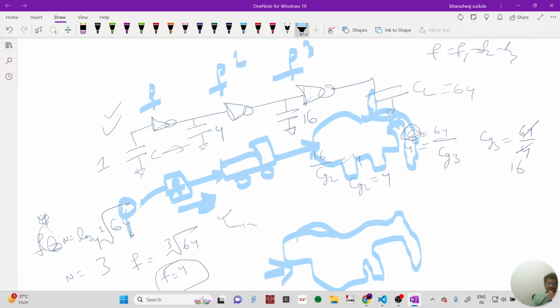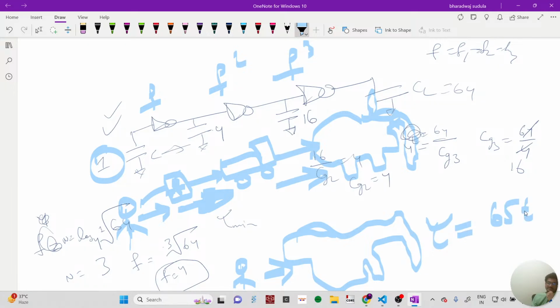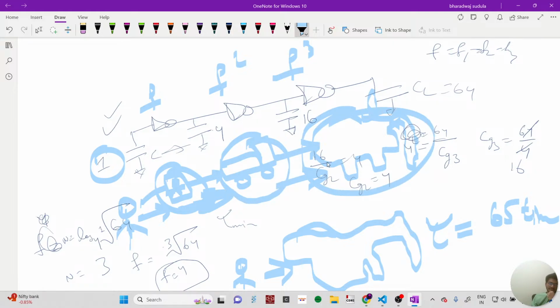So the human, instead of pushing the elephant directly, which takes some tau equals 65, some constant, pushes this accelerator, then the accelerator pushes this truck, then the truck pushes this elephant.